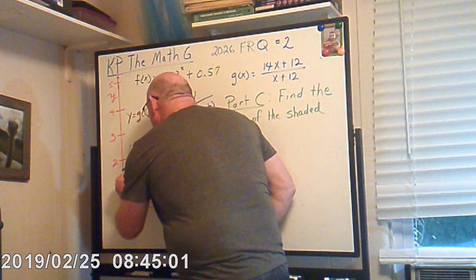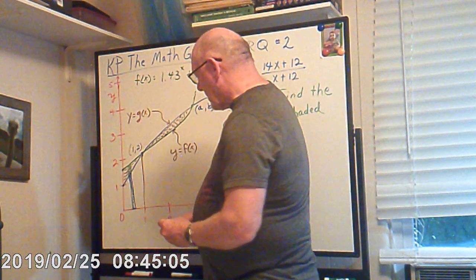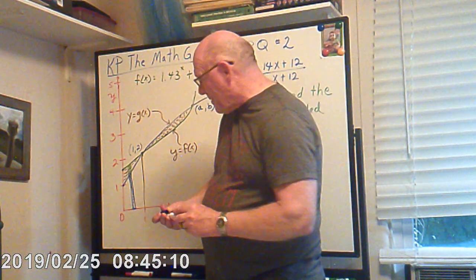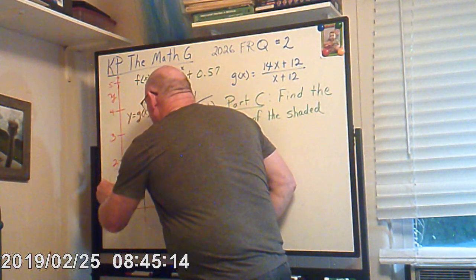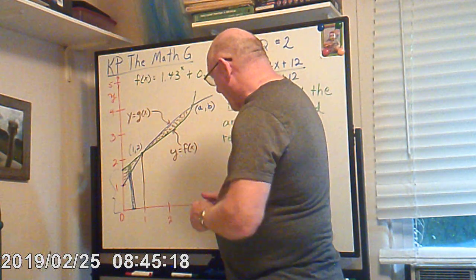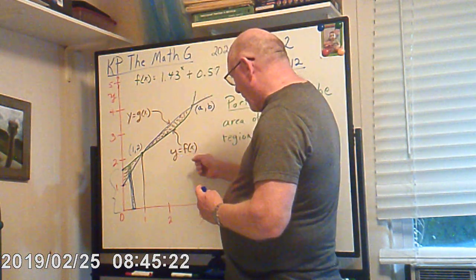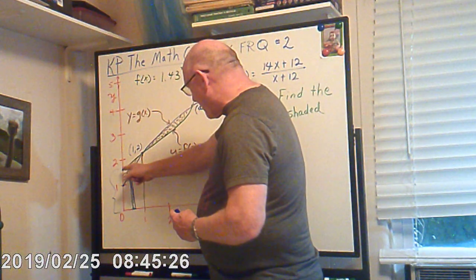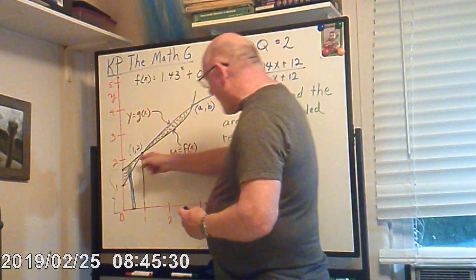We want just the green section right there. So the height here, how high is this? Well, that's y, but which y does this refer to? F at x or g at x? If you look, f at x is the green.